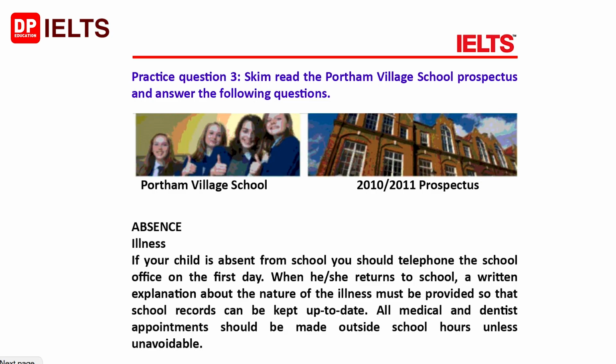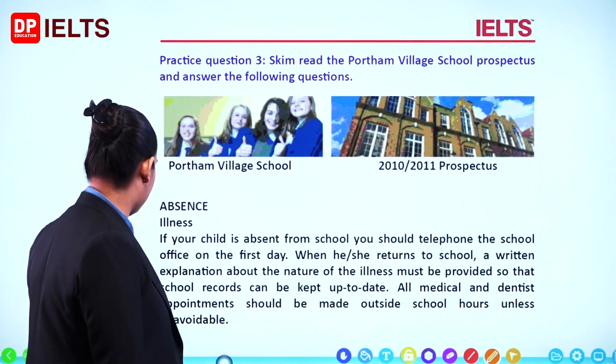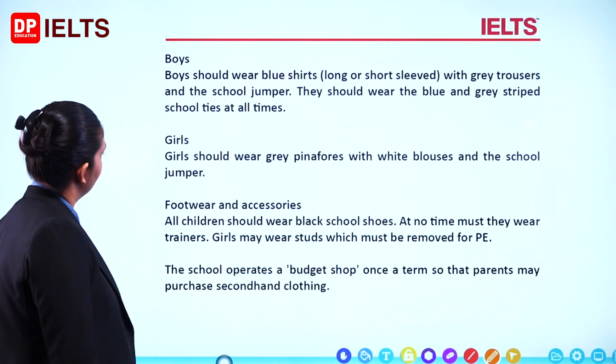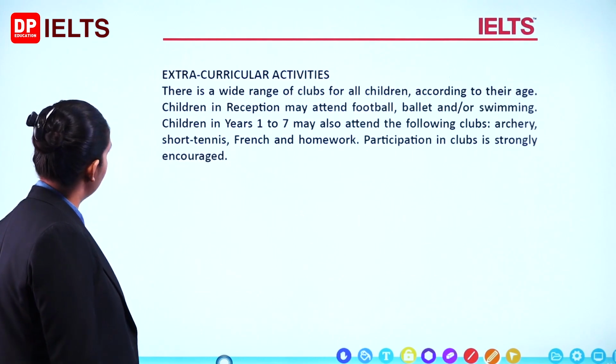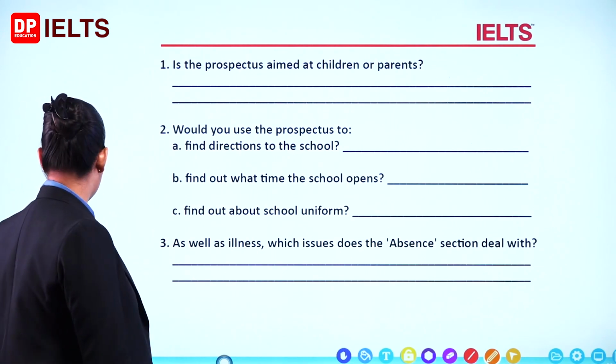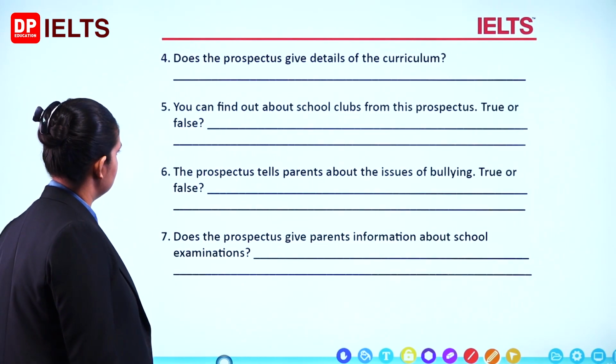Right. Practice question 3. Skim read the Potham Village School Prospectus and answer the following questions. So here you have the prospectus. Go through it. Okay. And then I'd like you to take a few minutes and answer these questions.